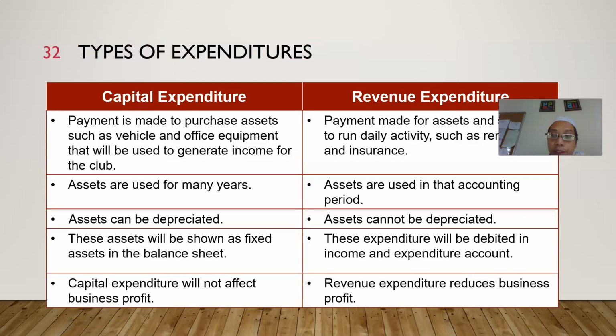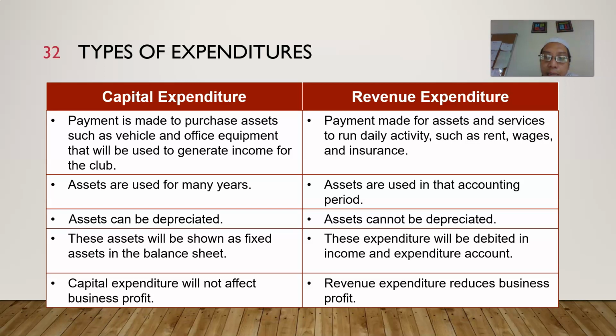So I have mentioned several times regarding the capital related items. Here, capital we compare against revenue expenditure. What is meant by capital expenditure and what is meant by revenue expenditure? Capital expenditure is payment made to purchase assets such as vehicles and office equipment that will be used to generate income for the club.